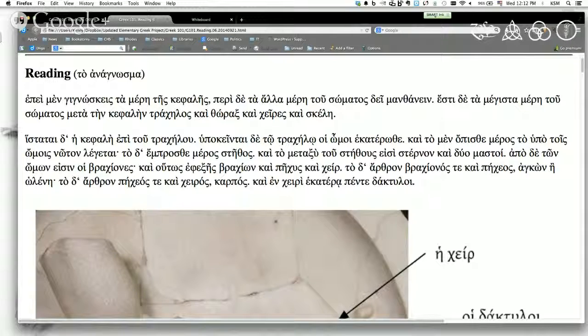And there is the front part, the chest. And in the middle of the chest, they are the sternum and two breasts. From the shoulders, the arms.